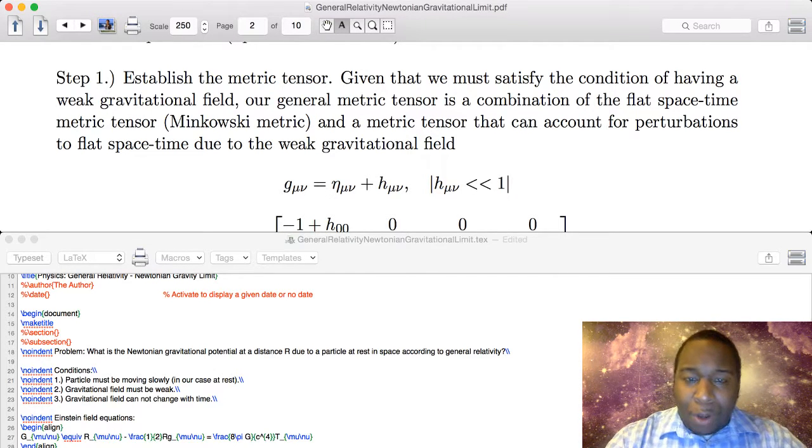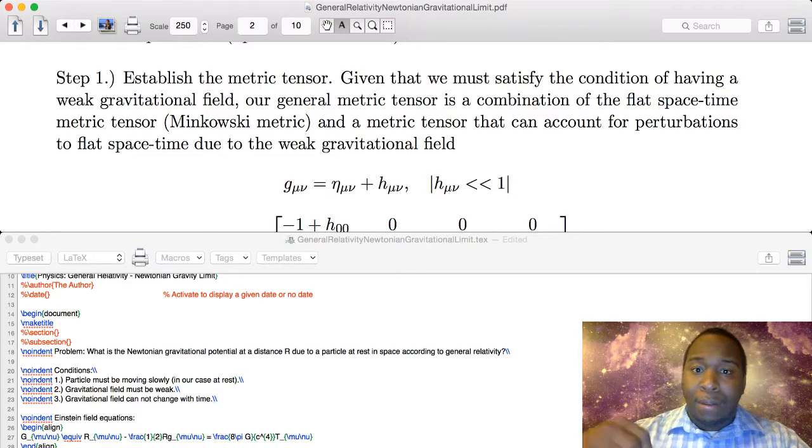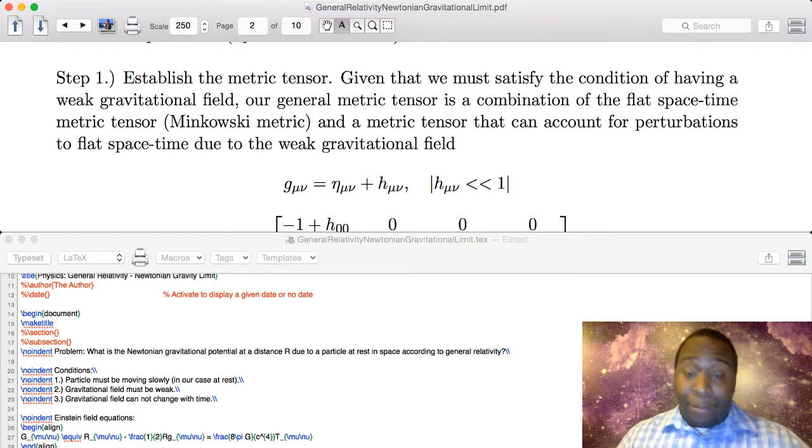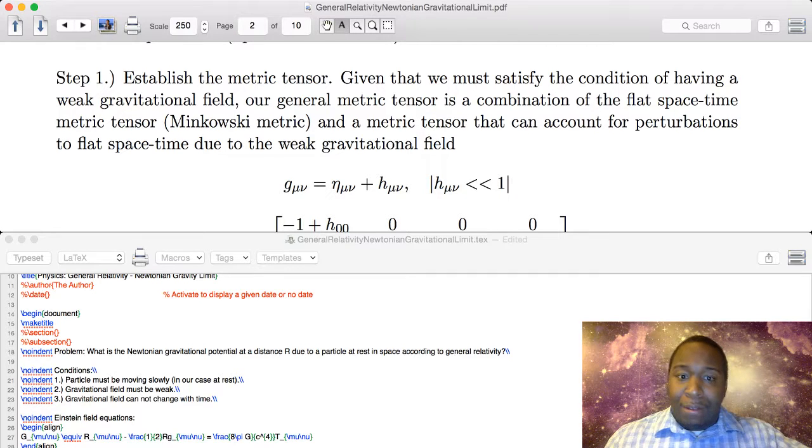But the moment we start placing mass on our flat bed sheet, you'll start getting these little dips within the bed sheet, wherever the masses are being placed. The heavier the mass, the deeper the dip. Those dips in our sheet can be thought of as small perturbations in our flat space-time.